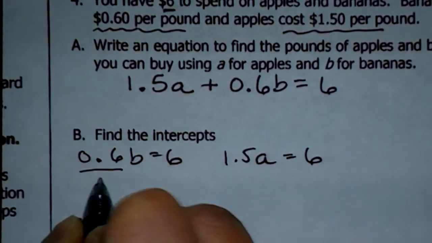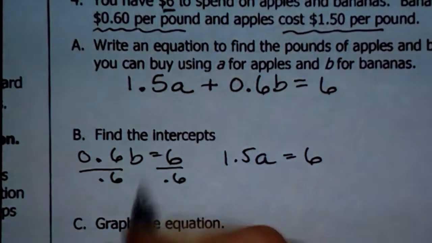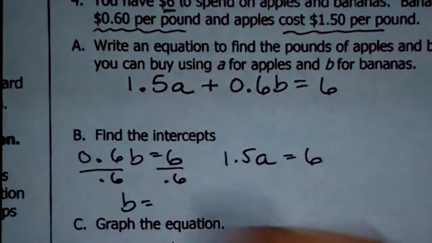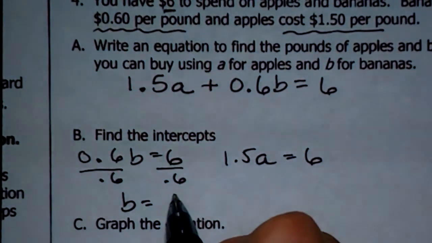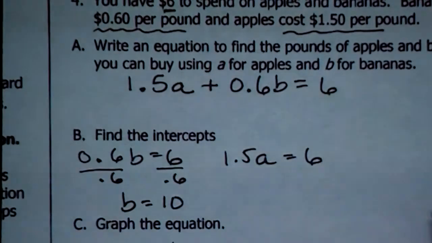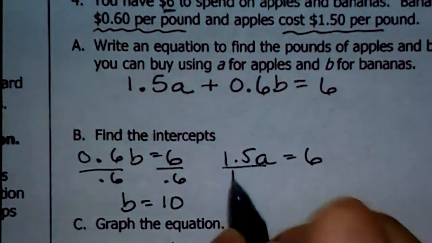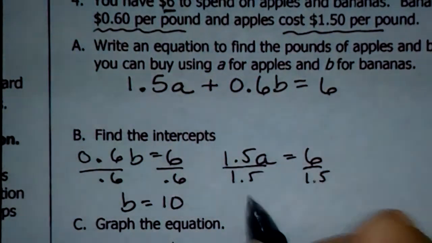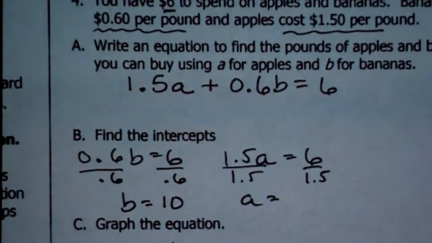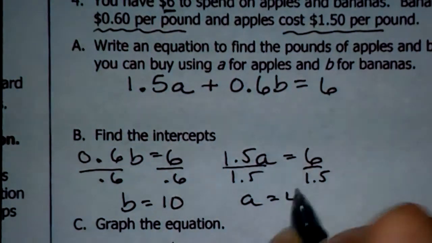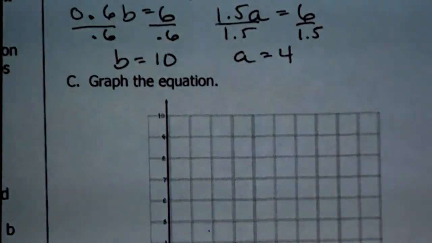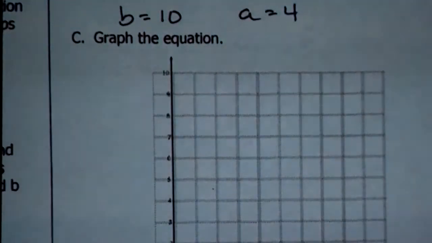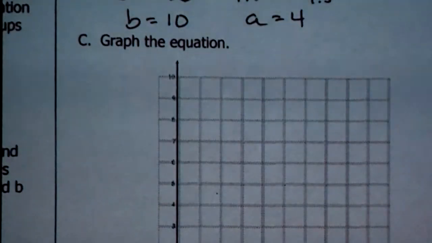So we're just going to solve this. Divide by 6/10, and B equals, do you remember what 6 divided by 6/10 is? It's 10. And then 1.5, I have to divide 6 by 1.5. So 6 divided by 1.5 would be 4. All right, without even using a calculator. You're allowed to have one out. It's okay, I'm not going to take them away, but we should be fine.